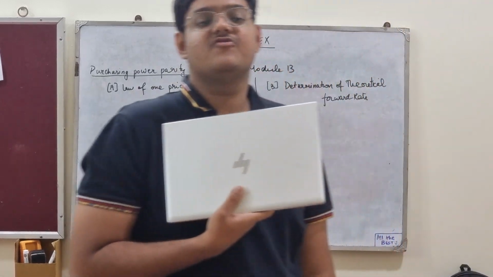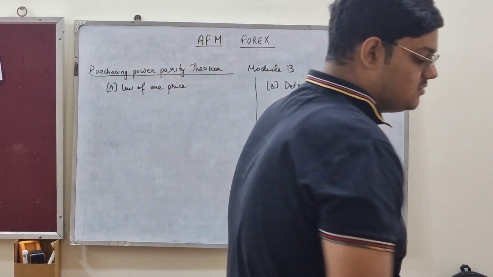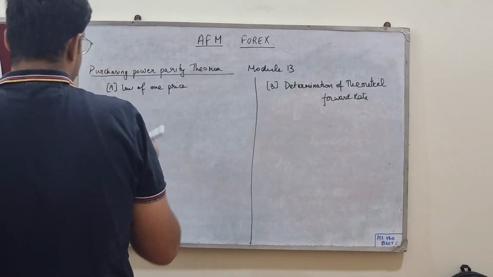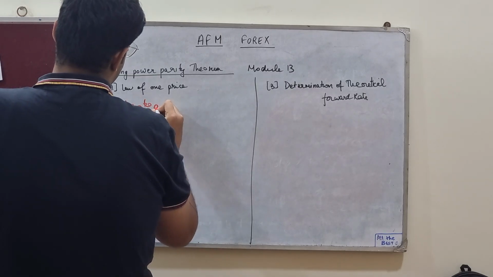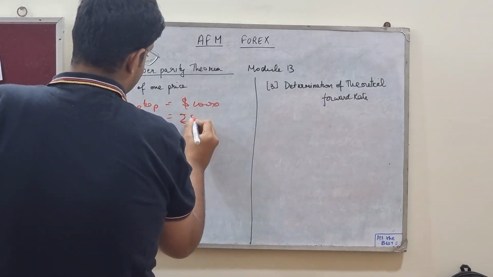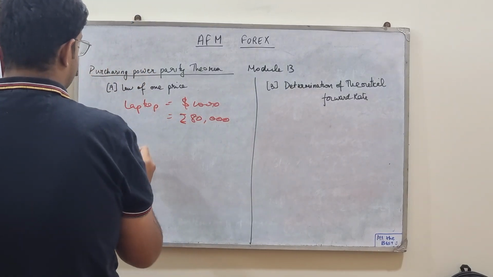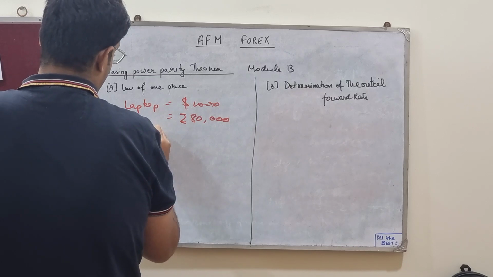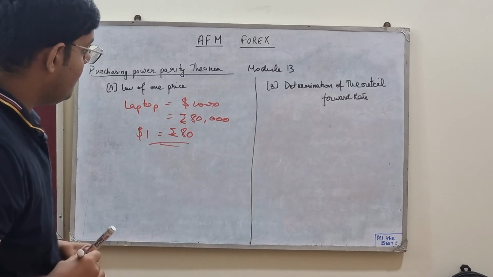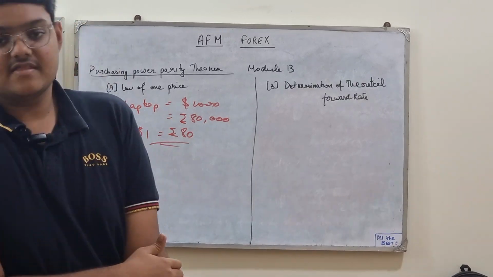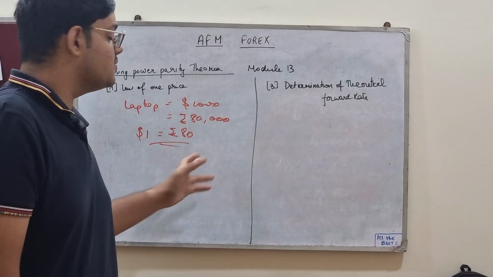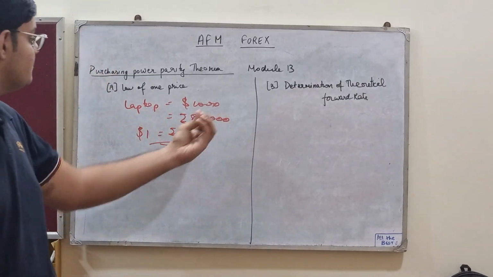So for example, if that laptop is $1,000, and it is also equal to 80,000 rupees if I am buying it in India, then theoretically the price should be $1 is equal to rupees 80, because it shouldn't matter where I'm buying the laptop, it should be the same value in both the places.